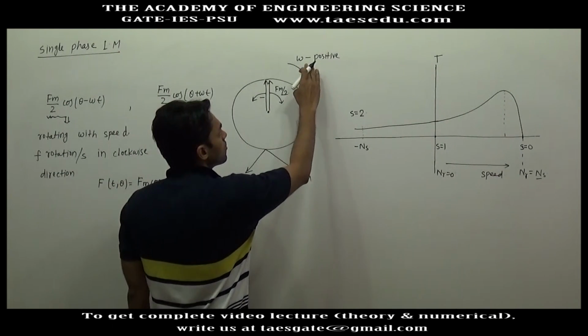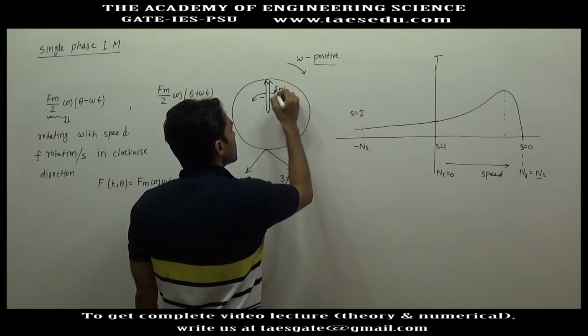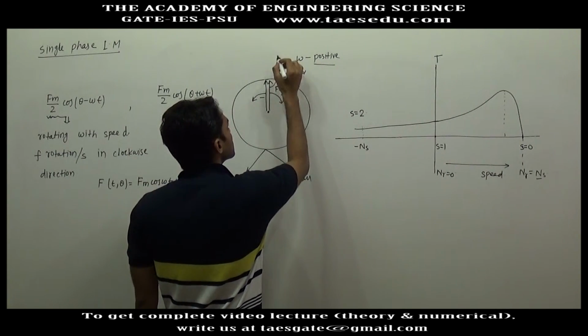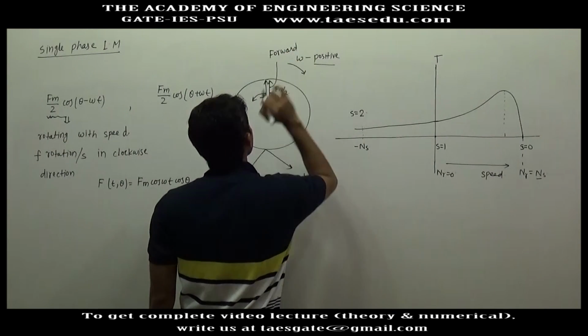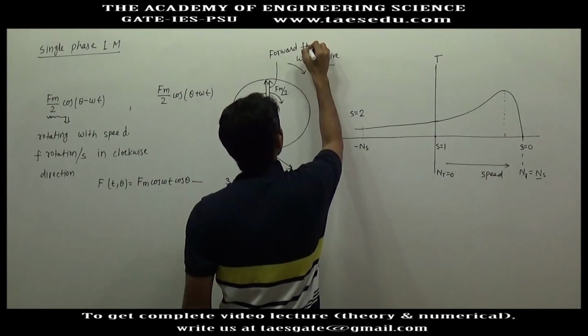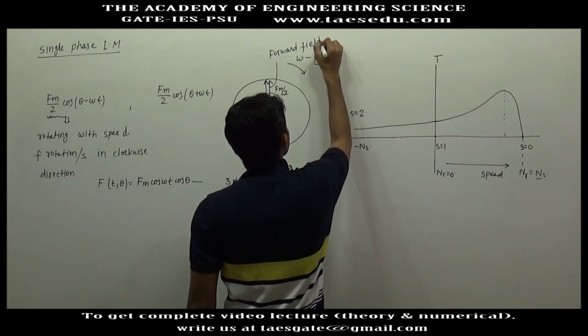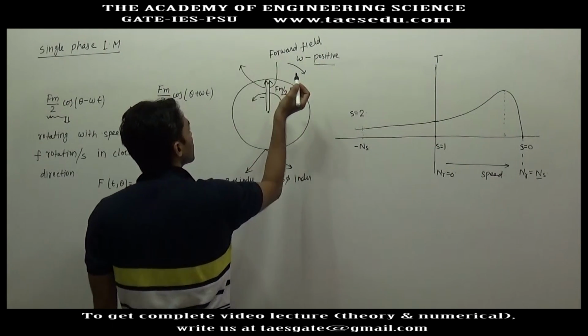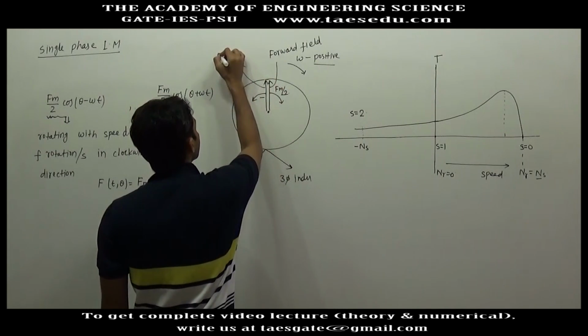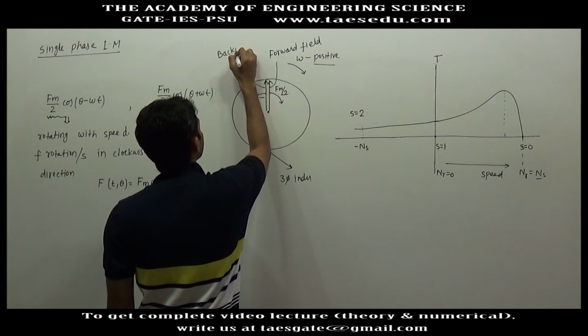So if we take clockwise speed as positive, we will say this is forward field, and this field will try to rotate in positive direction, and this field will try to rotate in anti-clockwise direction. So this field will be called backward field.